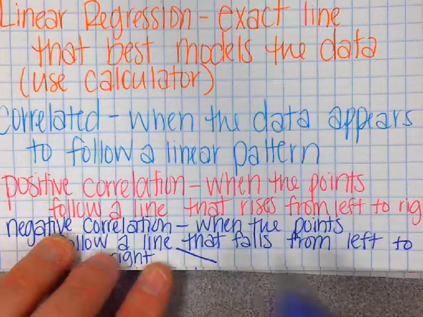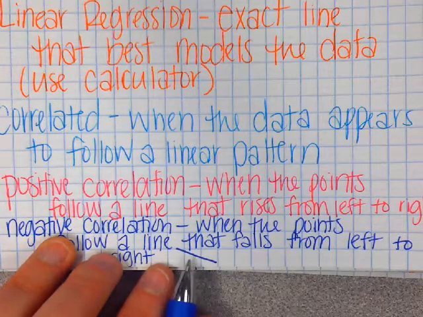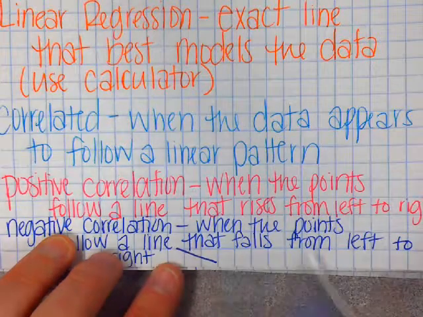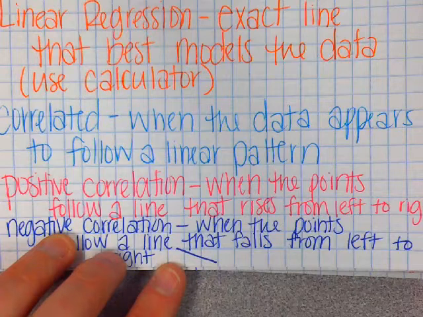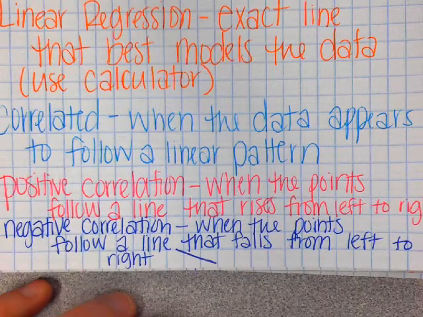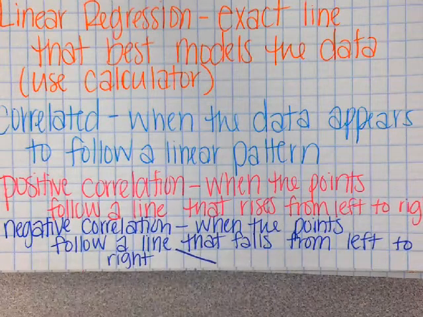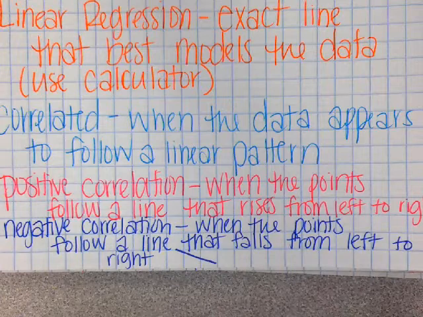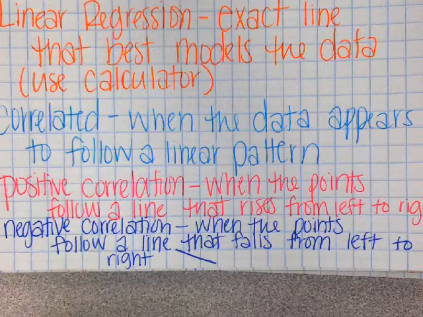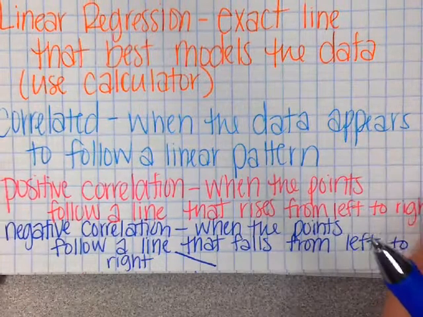So if it's going down, it's a negative correlation. Maybe if we were taking steps in, then our time should be decreasing. So it would be a negative correlation, or a negative slope of the trend line is another way to look at it.